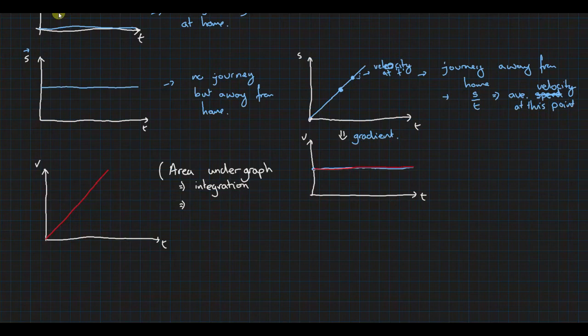So this gradient here is constant, and the area under this graph is what gives me the displacement. So if we calculate the area, it will give me the displacement. Here we're going to take the area under the section, and that will give me my displacement.